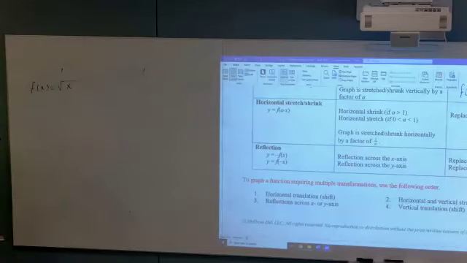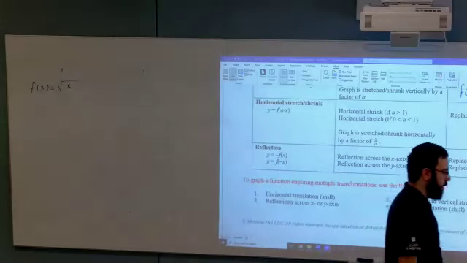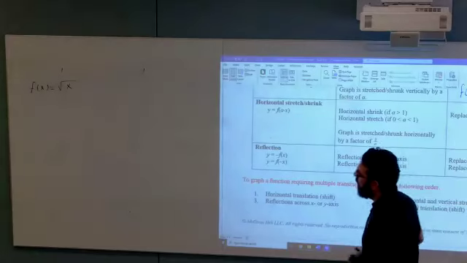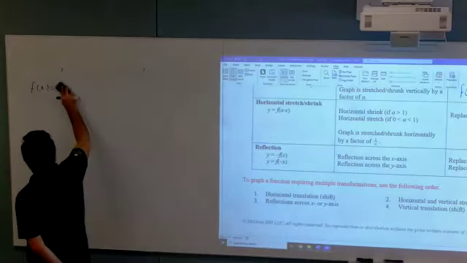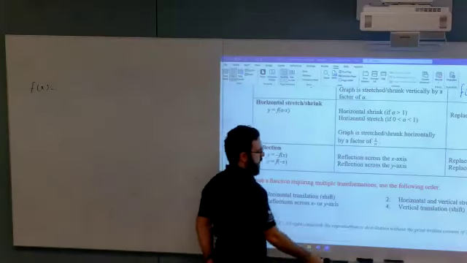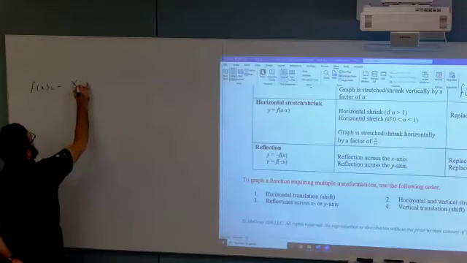We're going to do x squared, and negative x squared.